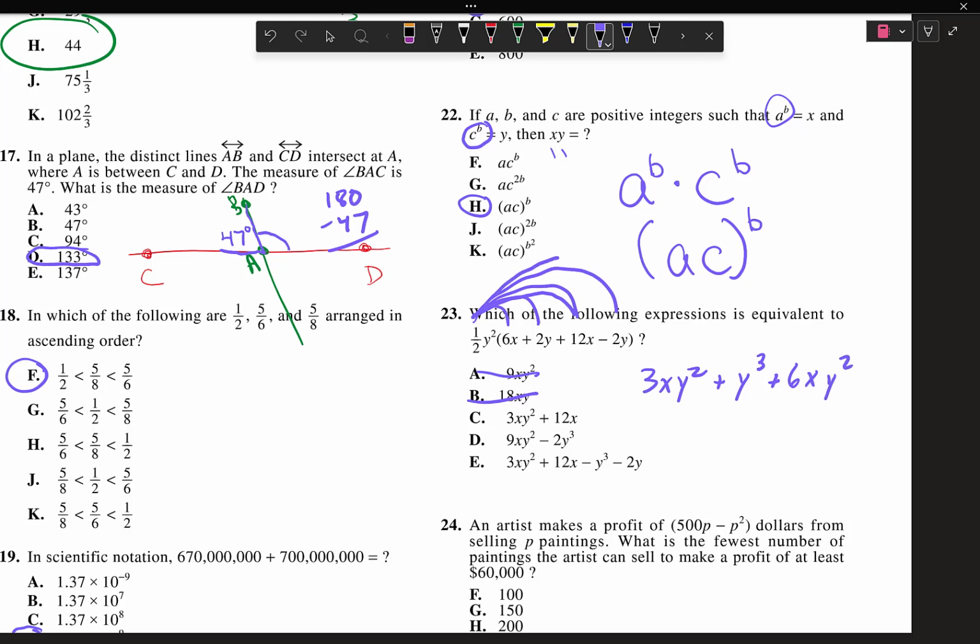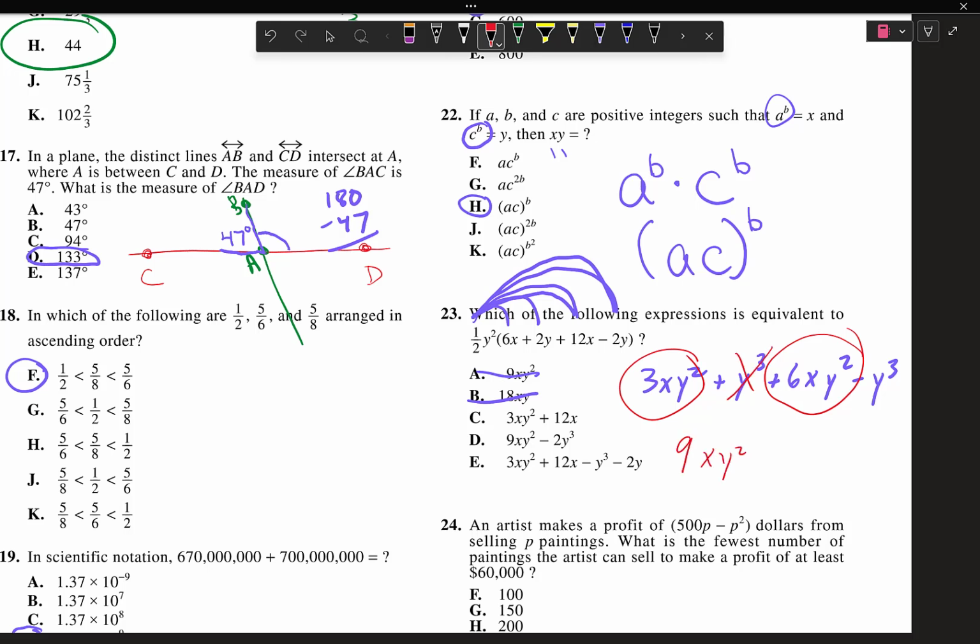And then 1/2 y squared times negative 2y is negative 1 y to the third. We look for our like terms, and I see this is like and this is like. We add those together, and that would be 9xy squared.